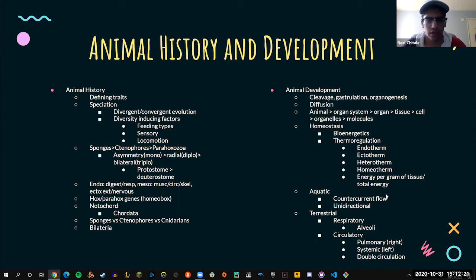Then we also have the diversity factor of sensory mechanisms. There's a whole lot of them. Obviously you have the five senses: touch, smell, sight, hearing, all of that kind of stuff. But then you also have other things that some organisms have, like magnetism.